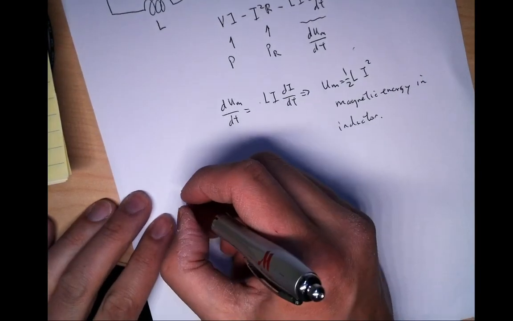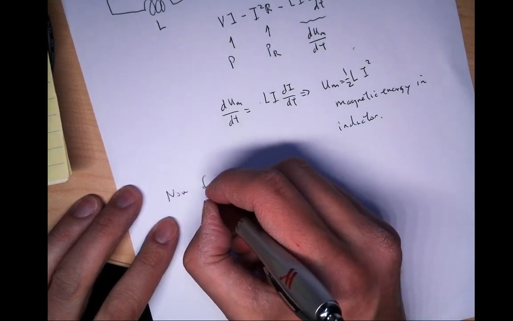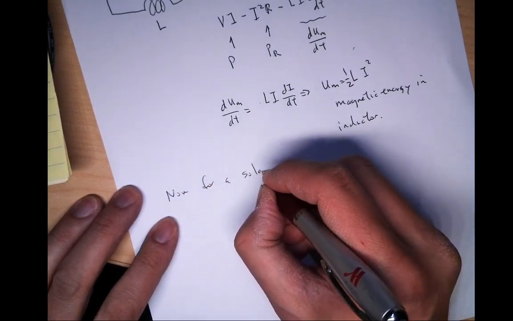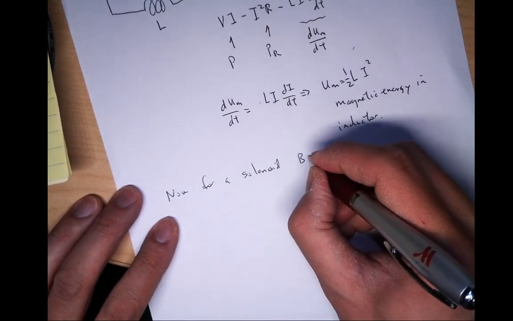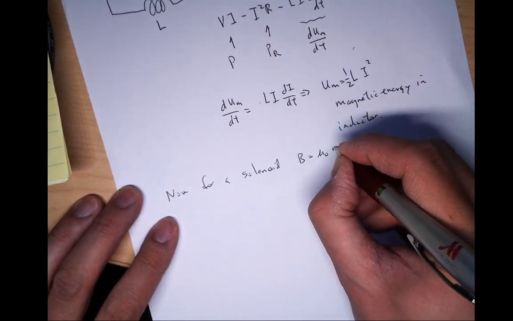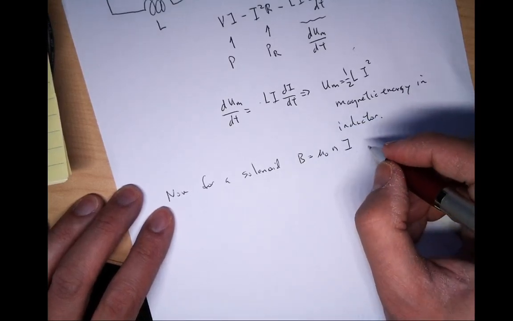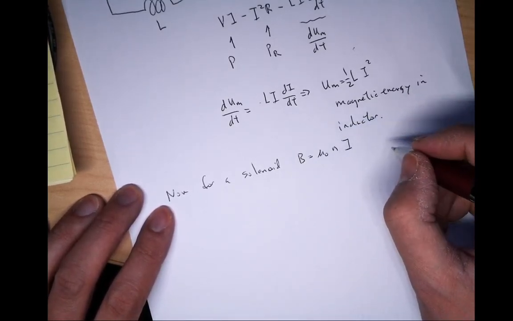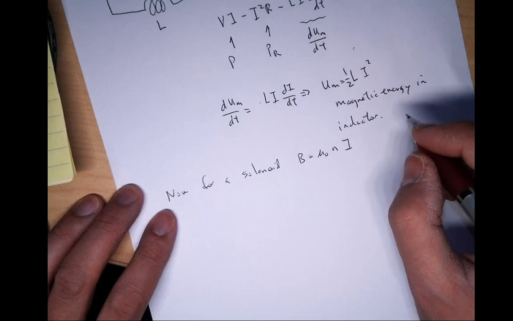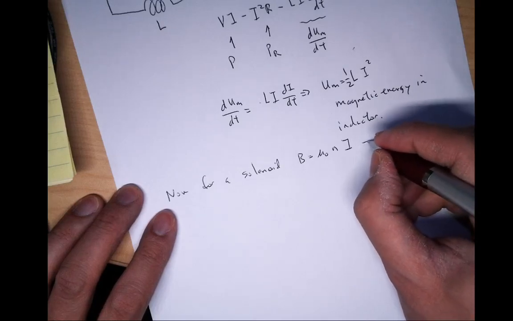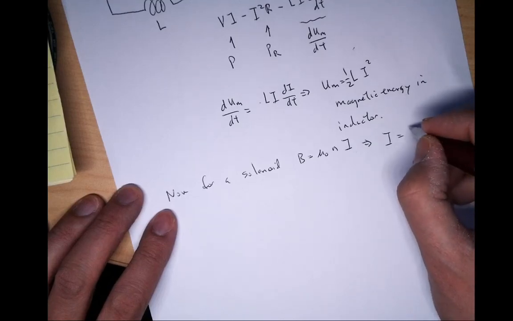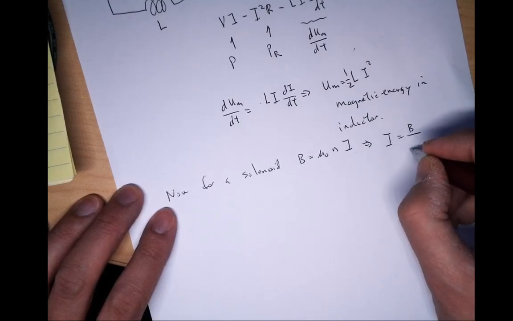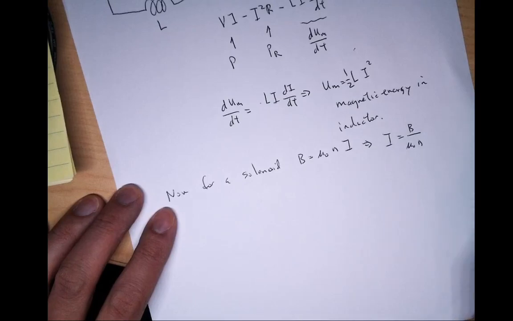Now for a solenoid, B is equal to mu 0 n times I, right? Which implies that I is equal to B over mu 0 n.